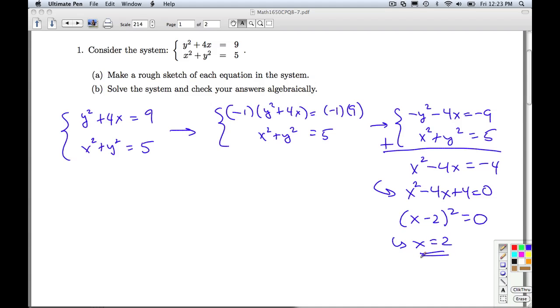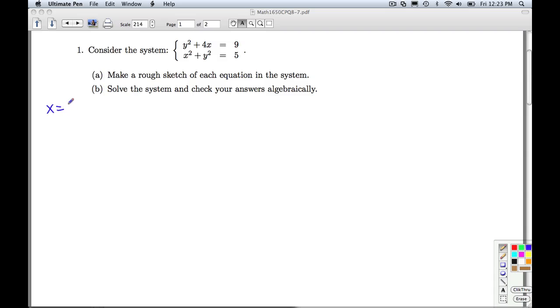So now that I have x equals 2, I need to figure out the y's that go with it. It doesn't matter which of these equations I go back and plug in x equals 2. So we're going to plug it back up into here.